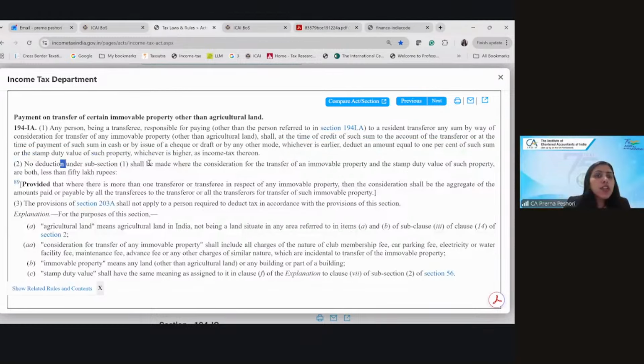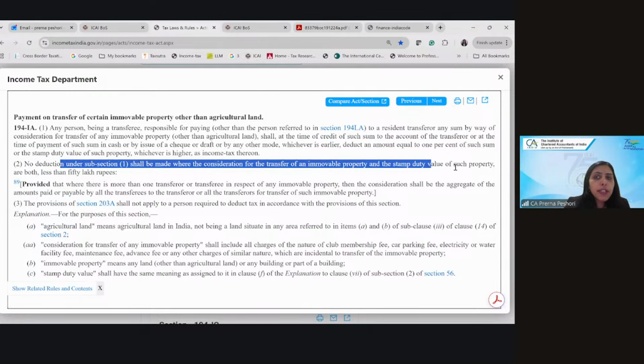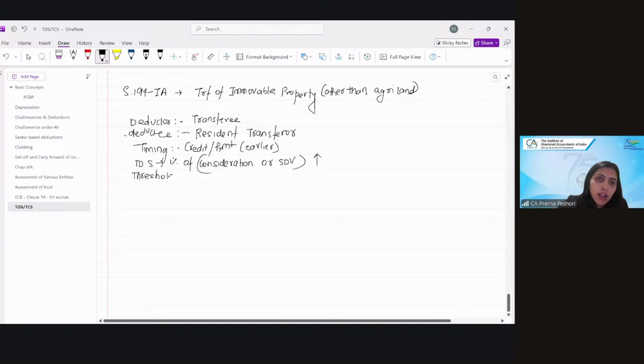However, no deduction shall be made where the consideration for the transfer of immovable property and the stamp duty value of such property are both less than 50 lakh. So what is my threshold here? Consideration and SDV. Both should be less than rupees 50 lakh.